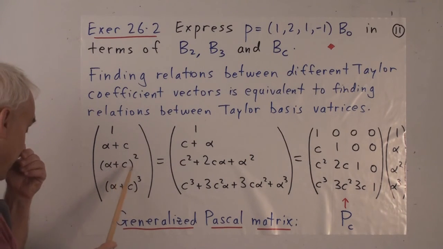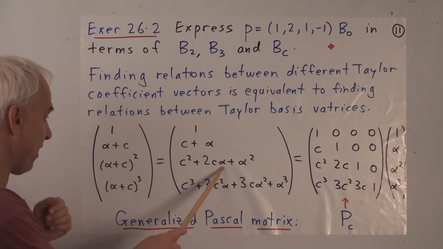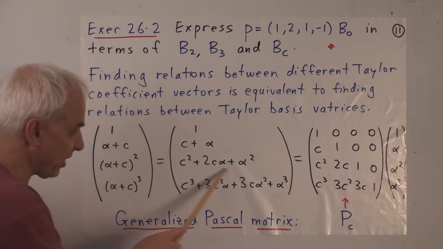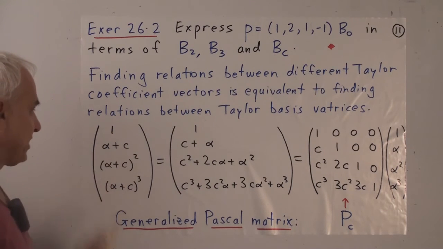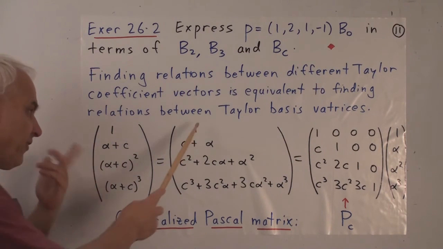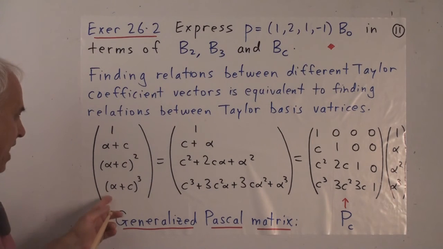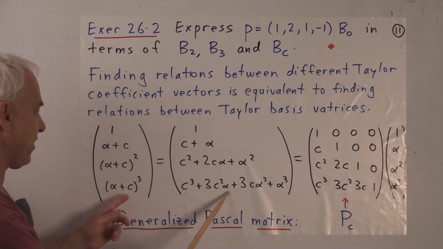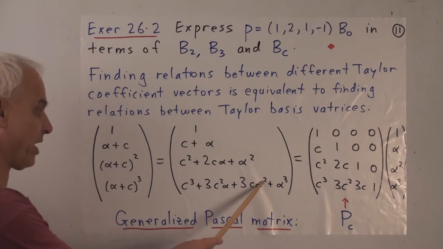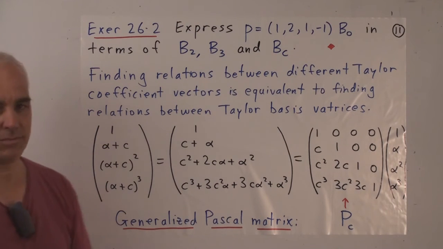So alpha plus c squared is c squared plus 2c alpha plus alpha squared. And notice I've rewritten it in terms of increasing powers of alpha. Alpha plus c is just c plus alpha, and 1 is just 1. Alpha plus c cubed is c cubed plus 3c squared alpha plus 3c alpha squared plus alpha cubed.